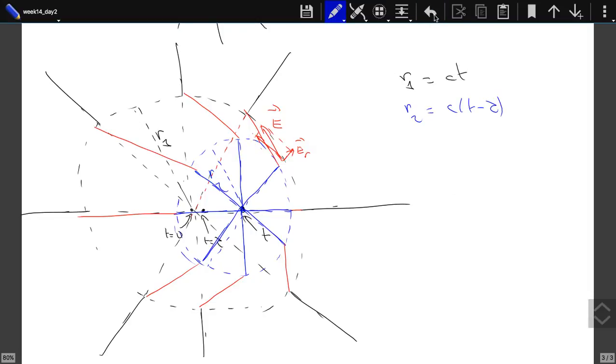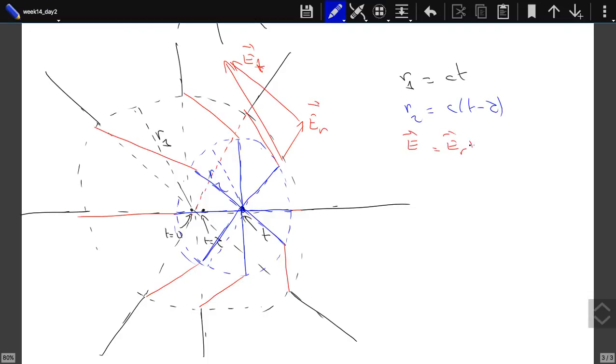Well, let me draw it a bit larger. So this is the electric field at that point, in that small shell. It will have a radial component and the tangential component. This one is the radial component. This is the tangential component.